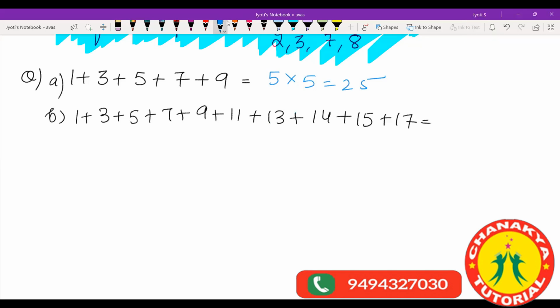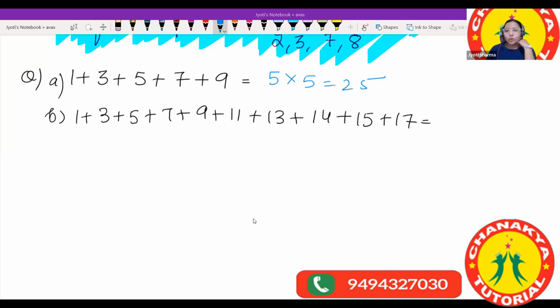Ma'am, how did 40 come in here? Who is asking this? Gagana. And so many of you have given me an answer as well. Ma'am, my answer is getting imperfect square.